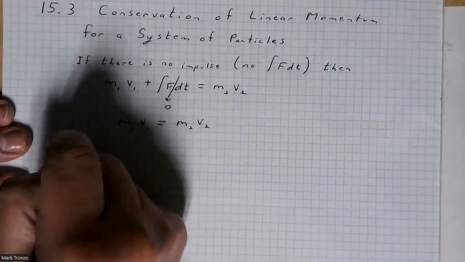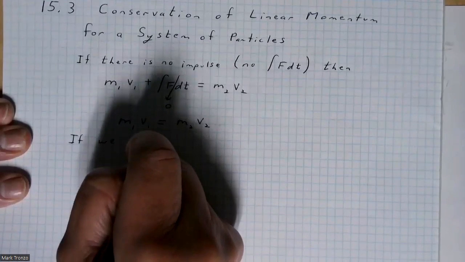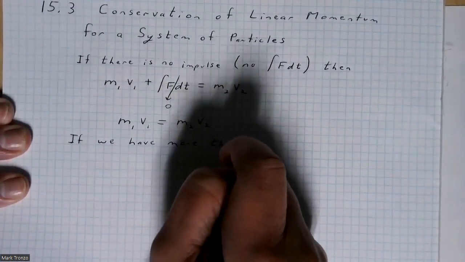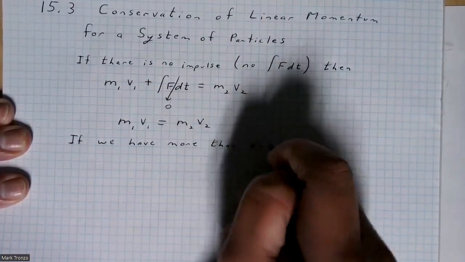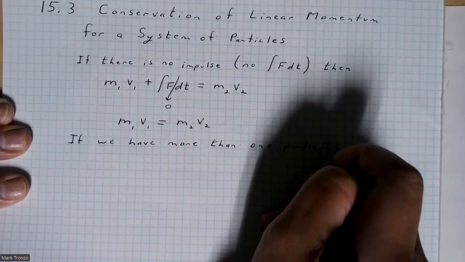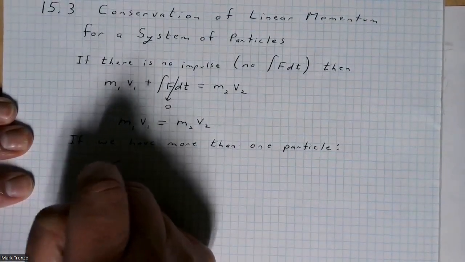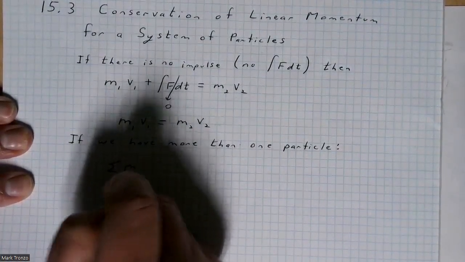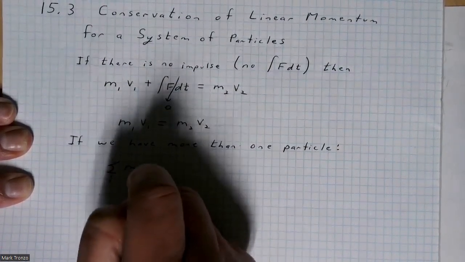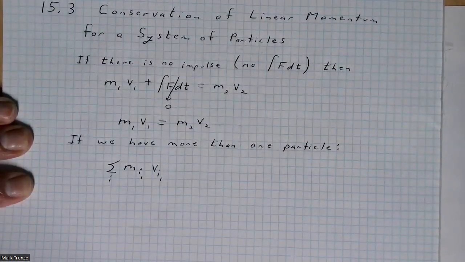And then if we have more than one particle, we'll have to sum these up. So we'll have, say, the summation over the i's of m_i1 v_i1. There's lots of ways to do the notation.